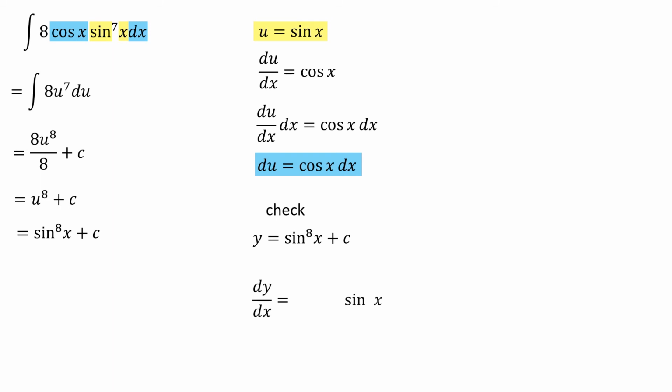Whoops, let me double check that. If I want to take the derivative of anything to the 8th power, the 8 will go out in front as a coefficient. Subtract 1, the new exponent is 7. And now the chain rule says take the derivative of sine and you get cosine. I jumped the gun on that one. But sure enough, it works out.